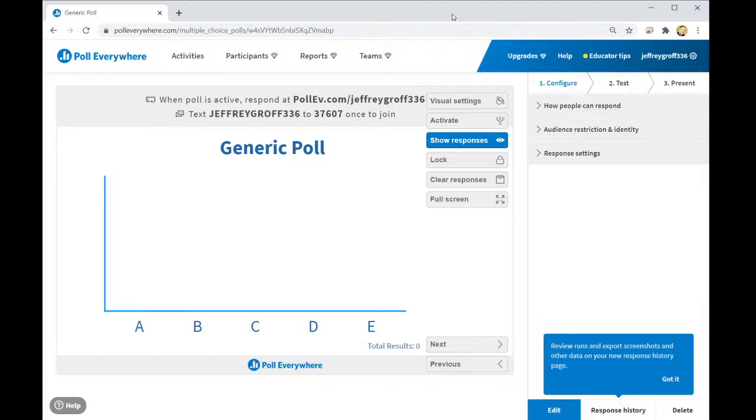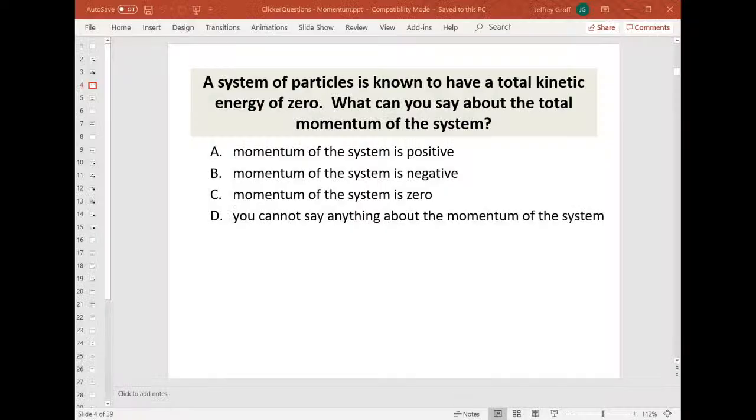Text messaging charges may apply. All right, you ready? I'll leave that up for a second while I queue up the first question. Ooh, first question coming up in 3, 2, 1.